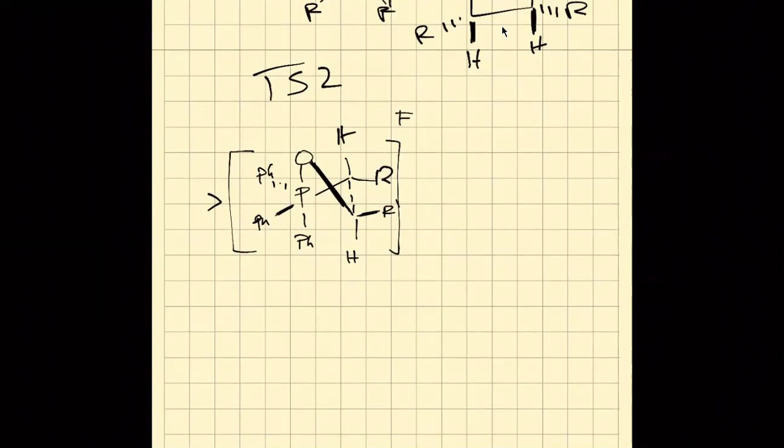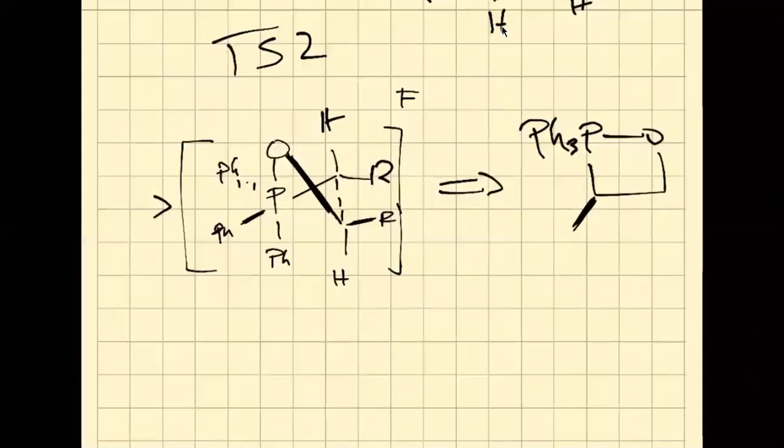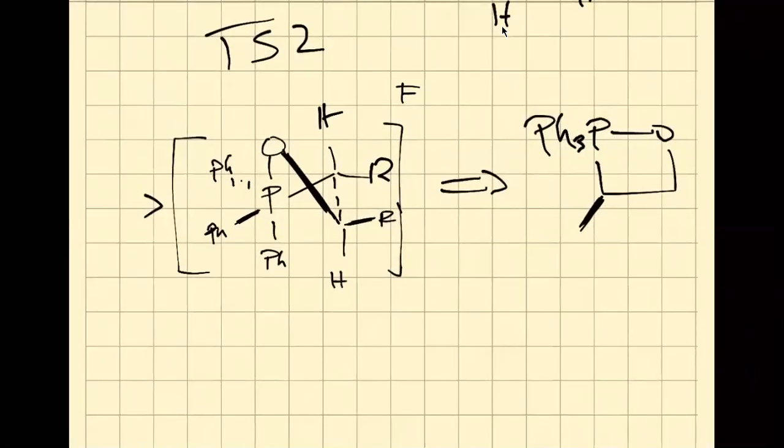And so from here, this is going to give you this oxaphosphetane that looks like this. Right now, R is here, and R1 is here. And that eventually leads us to the trans alkene.